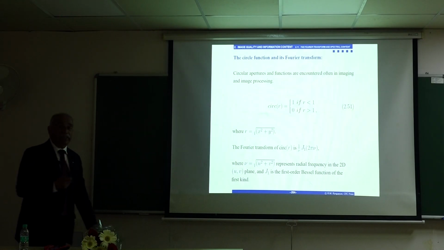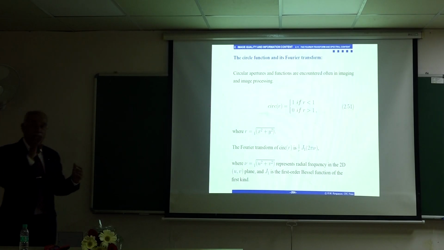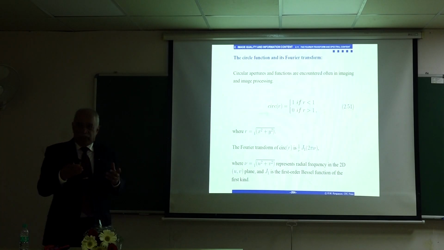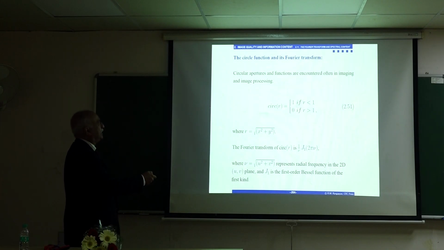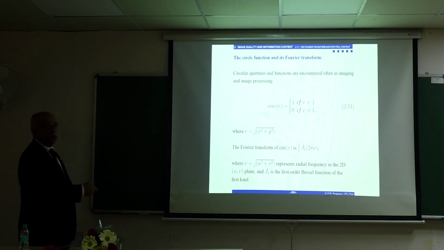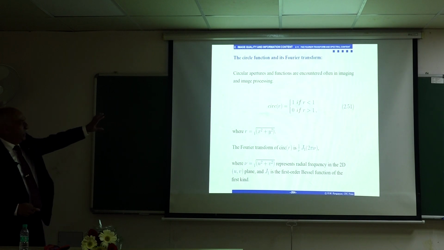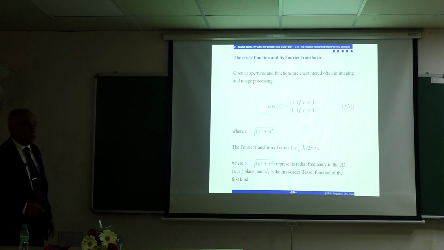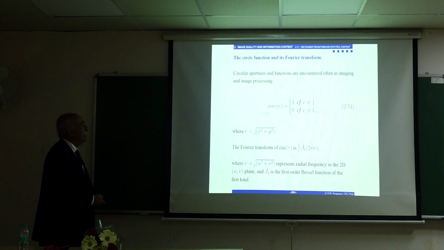If you have a circle function, which is common in imaging systems, the aperture used is approximated by a circ function. A circ function is defined as having a radius of 1, so it is 1 if r is less than 1, otherwise 0. R is square root of x squared plus y squared. Circular details are better expressed using polar coordinates, where r is root of x squared plus y squared, and then there is an angle function.